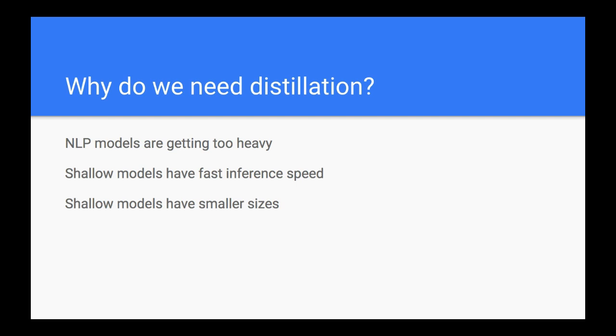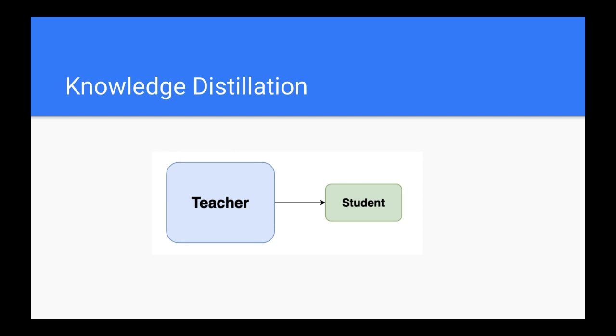A lot of people are using mobile devices, and we are in a mobile-first world, so it would definitely be good to put those kinds of models on edge devices. That's what distillation can provide us.